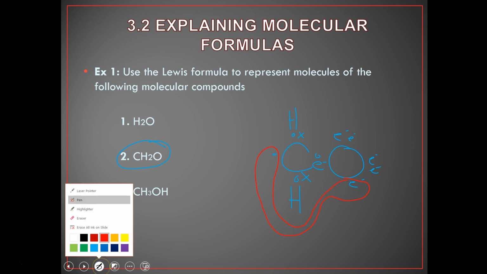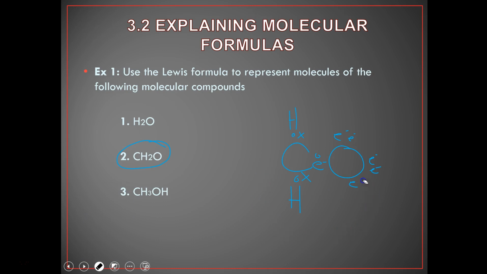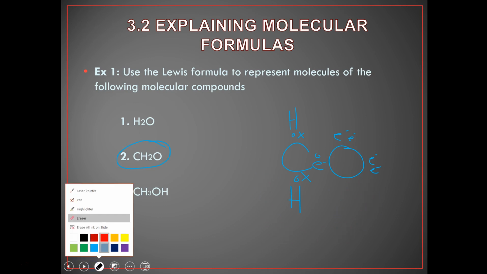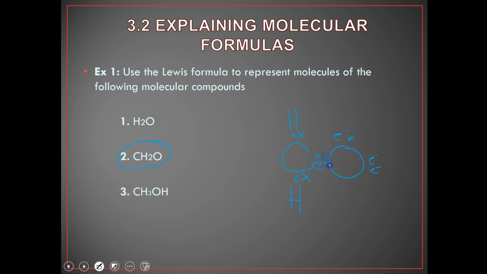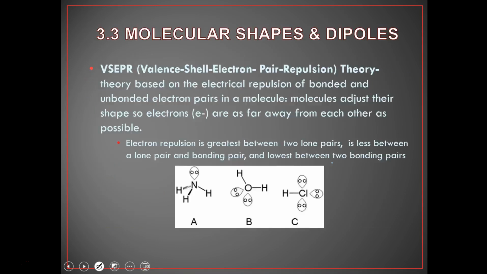And so I write it like this, where the electrons would now come in the middle here, and I would have what's called a double bond. You can actually share up to 3 groups of electrons.